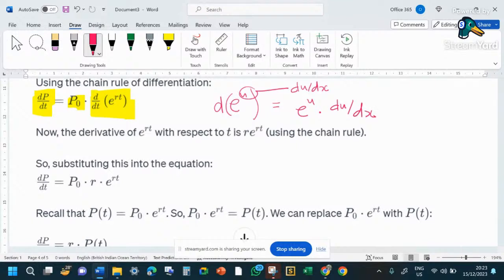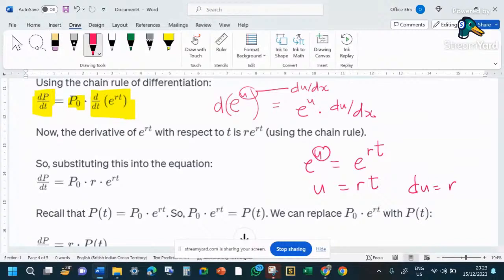So here, our e to the u is e to the rt, our u is rt, and our du will just be simply r. Why? Because t is 1.